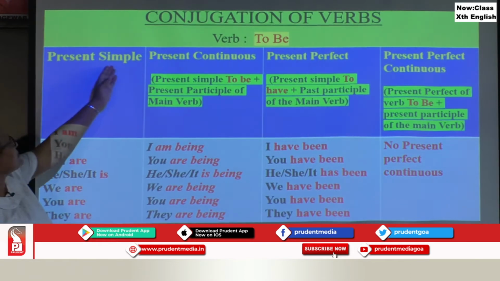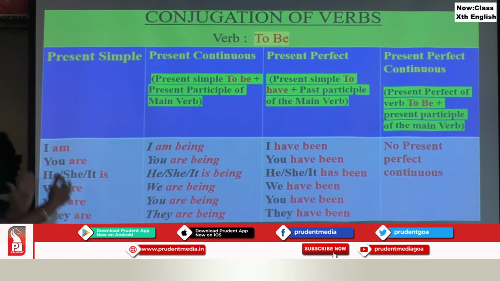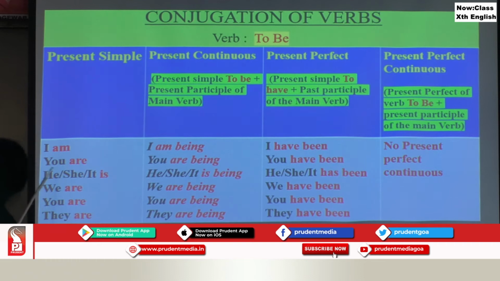By present simple, what is the formula or format? Verb to be, I told you, is the most irregular verb. Look at the present simple of verb to be.